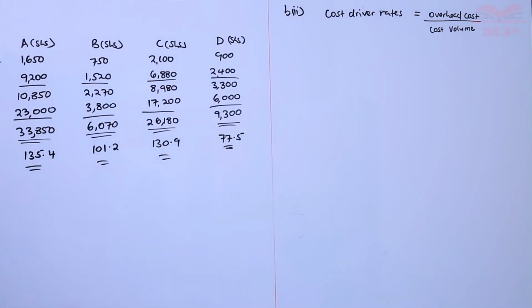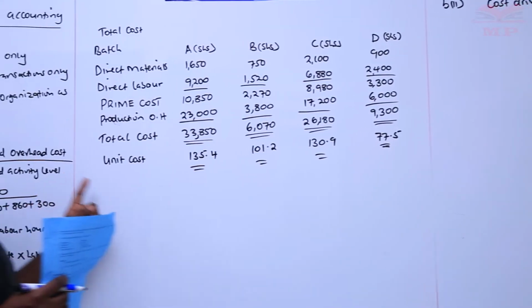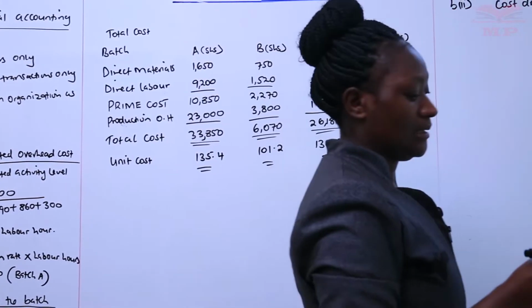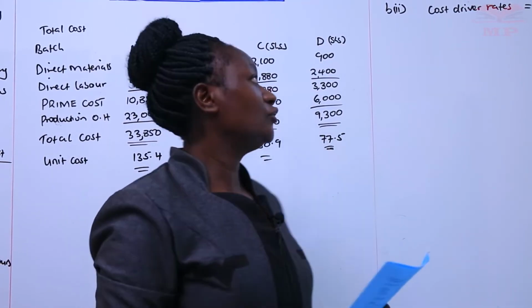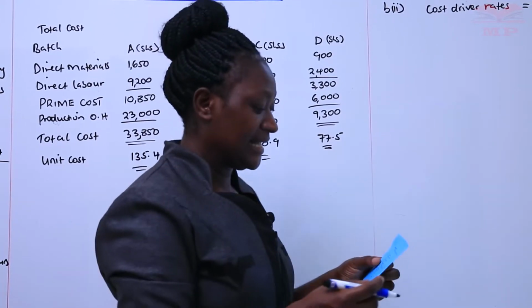In calculating the absorption rate, it is budgeted overhead cost over budgeted activity level. For the cost driver rate, it is that overhead cost, but we divide it by the cost driver volume. All this has been given. So how do we calculate this?